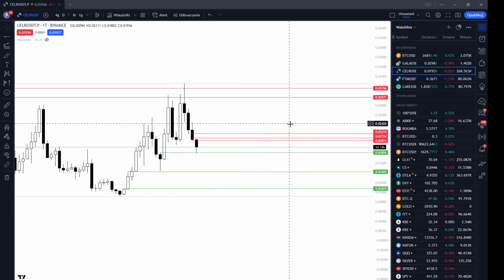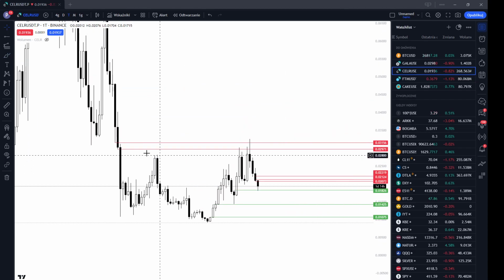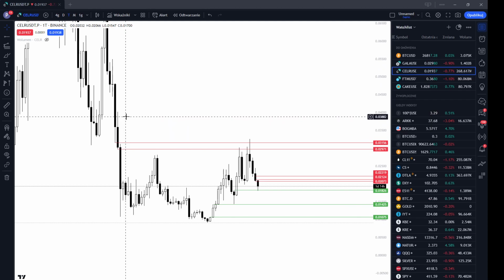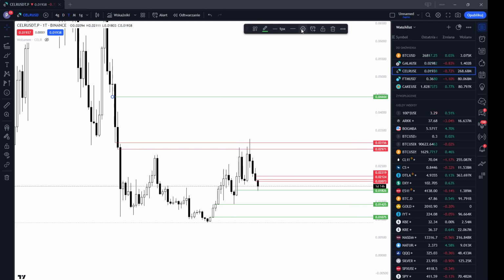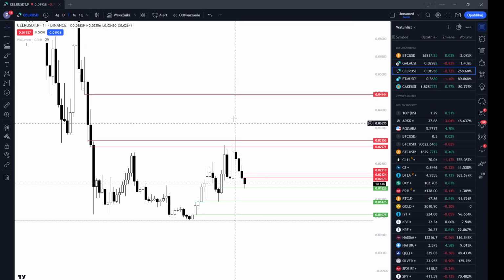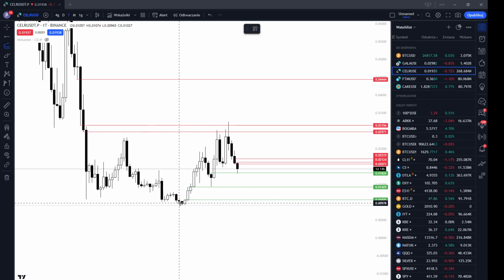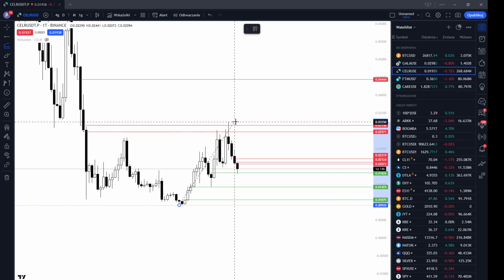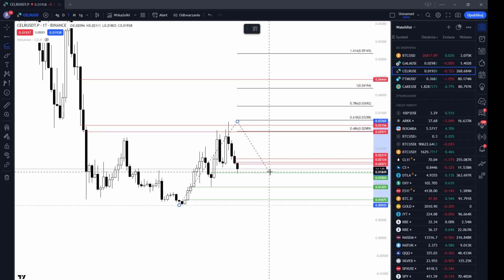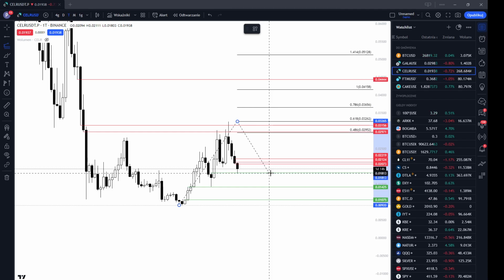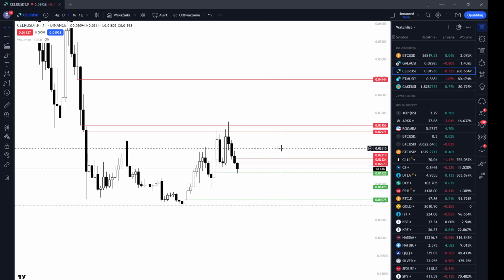Next resistance for Celr, let's see, it's around about here. That would be the next untapped level on the weekly chart. Let's compare these waves. So if I take the extension from here, it's already a little bit too much.